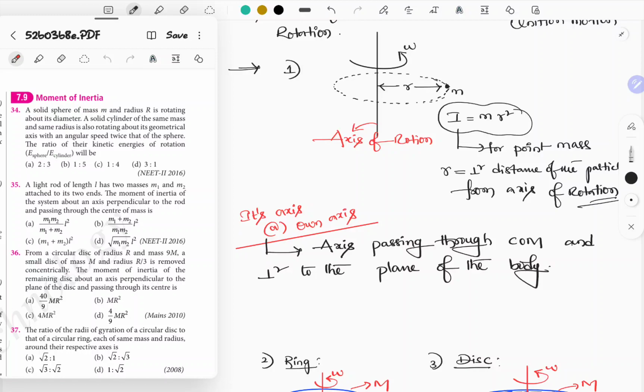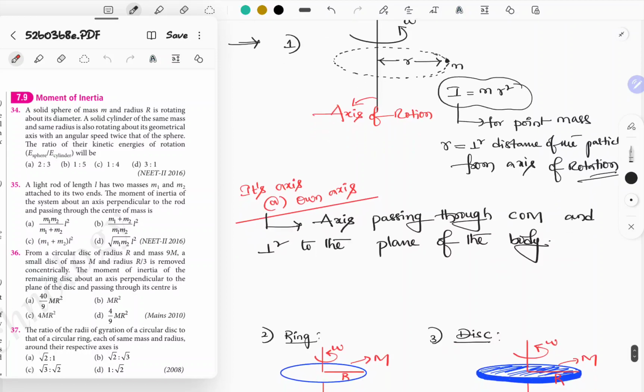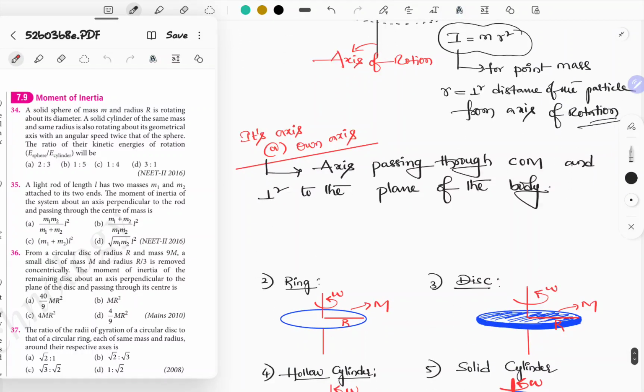Passing through the center of mass is nothing but passing through its axis. Understood?